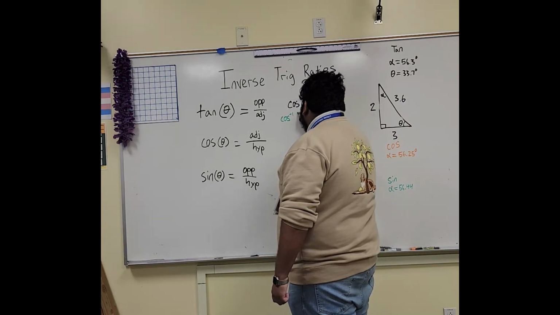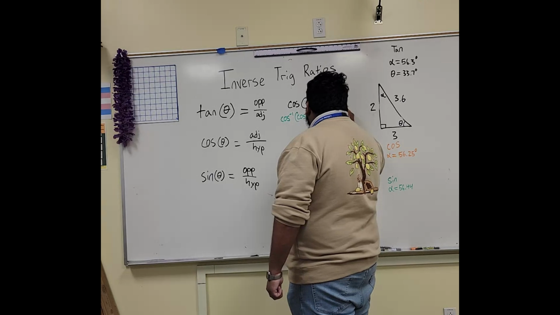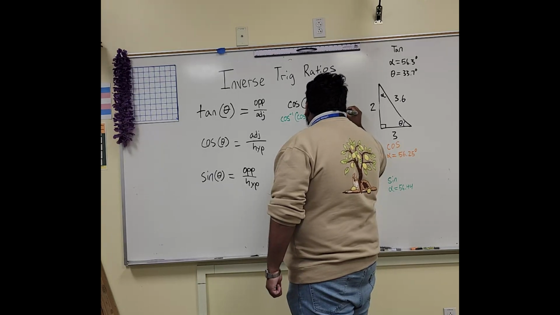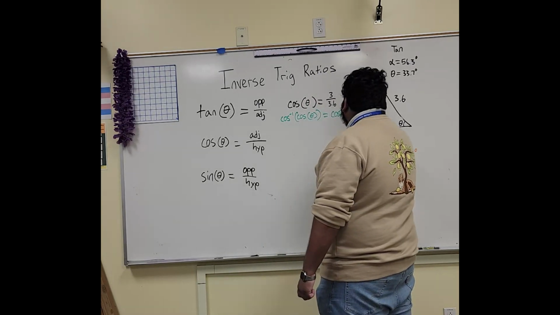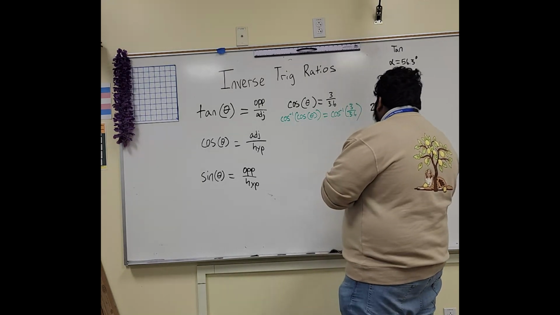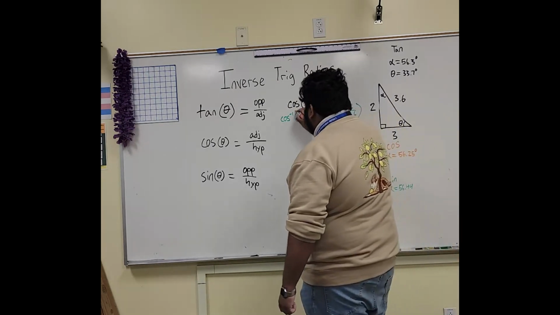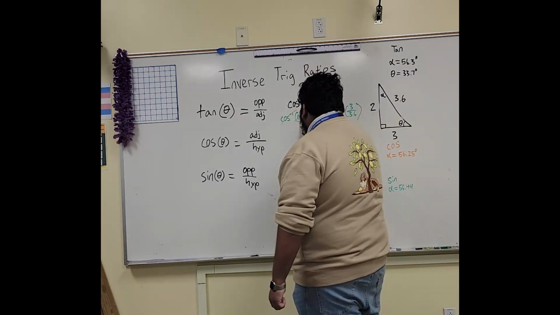We're going to apply our inverse cosine to our cosine, and apply it to the other side. That's going to cancel out.